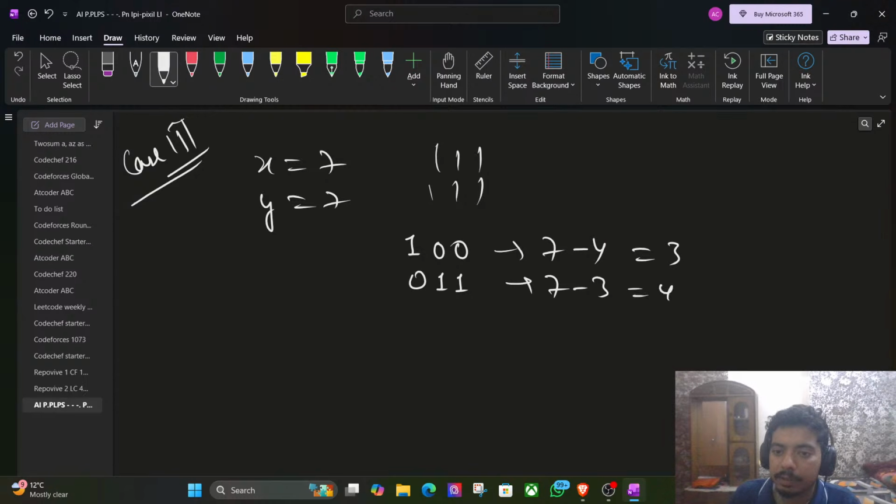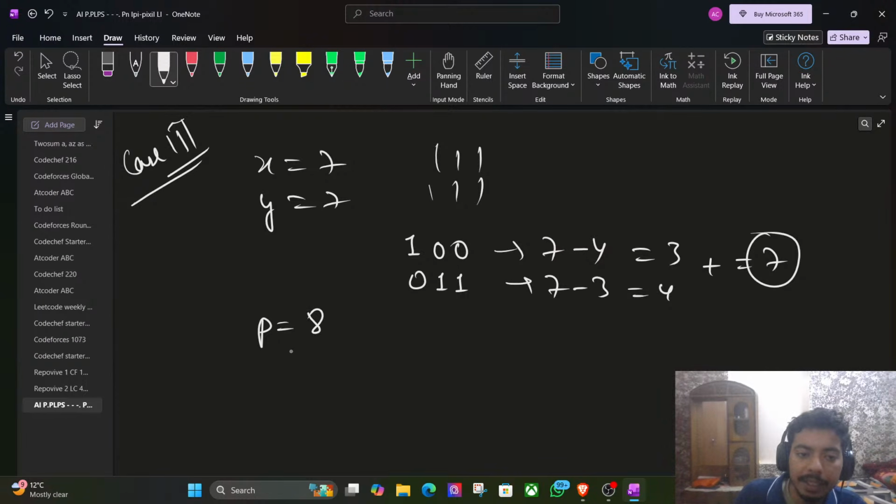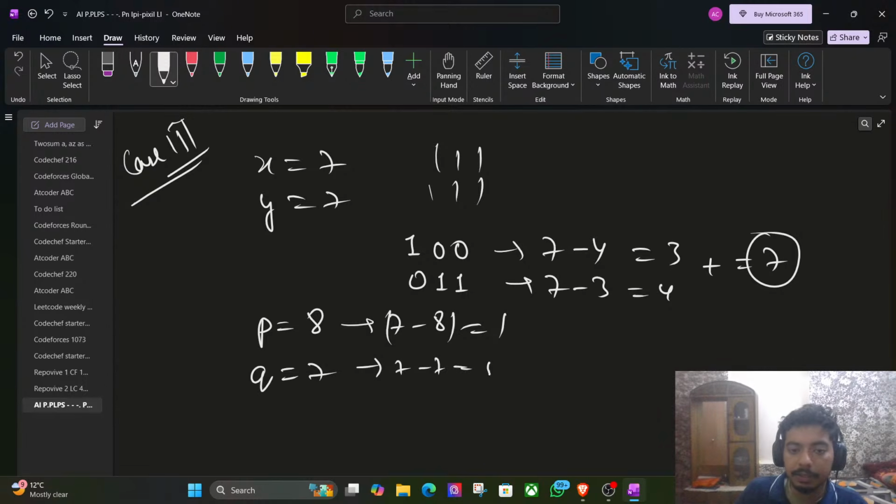So this is 3, this is 4. So the summation is 7. Okay. So is this the minimum summation that is possible? No. You can get a much lesser summation by taking p equals 8 and q equals 7. So this will give you 7 minus 8, which is 1, and 7 minus 7, which is 0. So your answer comes out to 1.